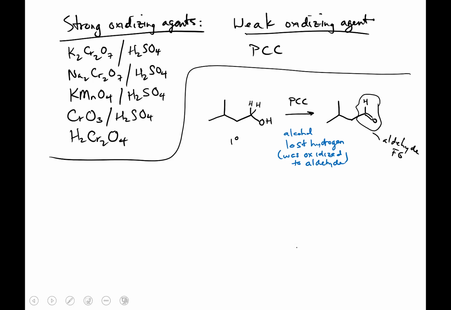Okay, now what if we'd have taken that same alcohol, so I'll just redraw it here, we might need more room here, and I had instead used one of the strong ones, and I'm just going to choose one. Any of these would work to do this. So I'll just choose Na2Cr2O7, the sodium dichromate with the sulfuric acid.